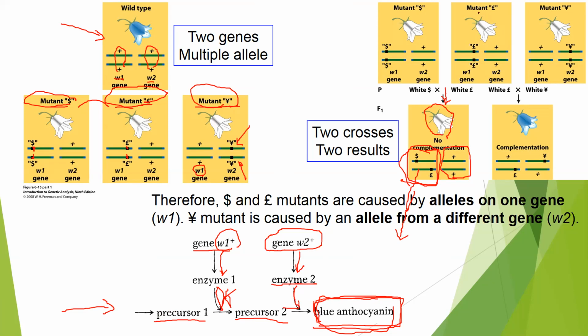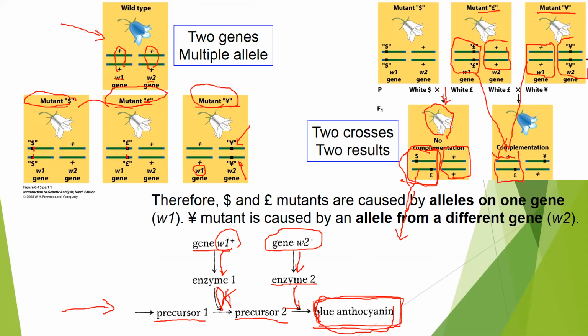However, if we cross the second one with the third one, let's see what happened here. All right, for this mutant, this gene is mutant, but in this individual, this gene is wild type. So when they mate, you're going to end up with the heterozygous. So one copy is wild type and the other copy is the mutant. The same thing for the second gene.